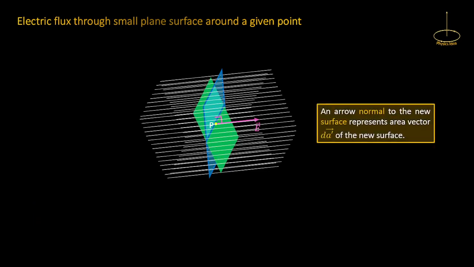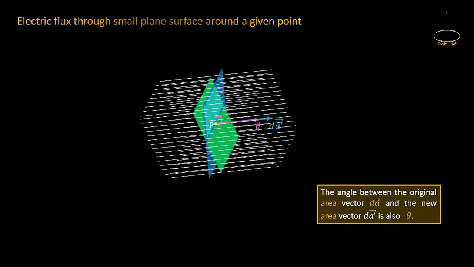An arrow normal to the new surface represents area vector dA dash of the new surface. The angle between the original area vector dA bar and the new area vector dA dash is also theta.